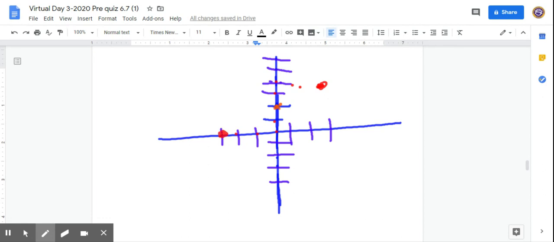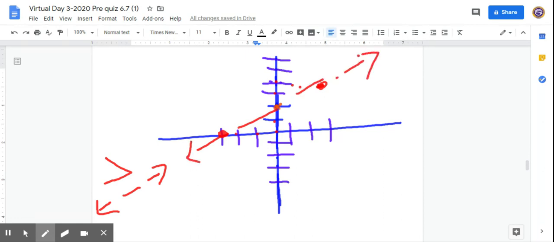Okay. Now what do we have to decide? Now we have to decide, is the line shaded, or dotted, I should say, or solid? So it's greater than, so that means it's a dashed line. So we're going to put slashes through our line.